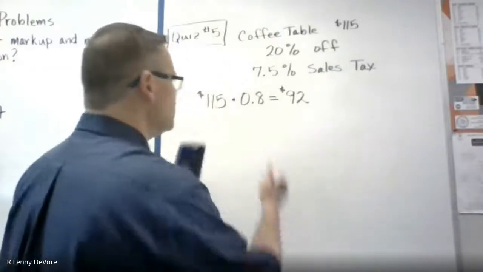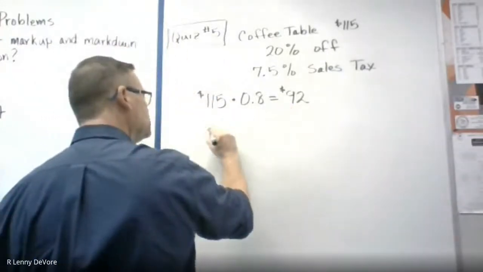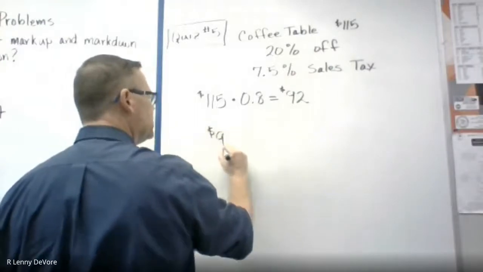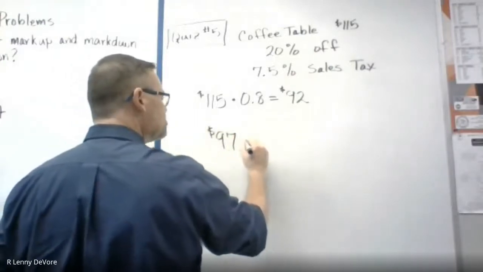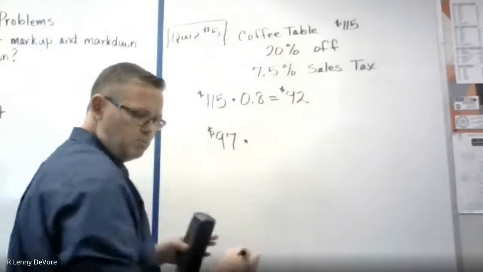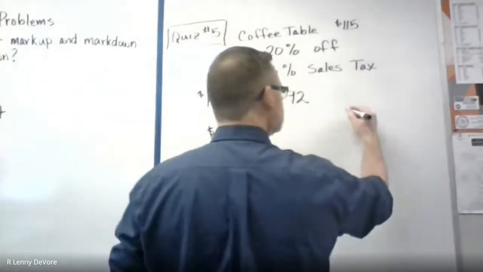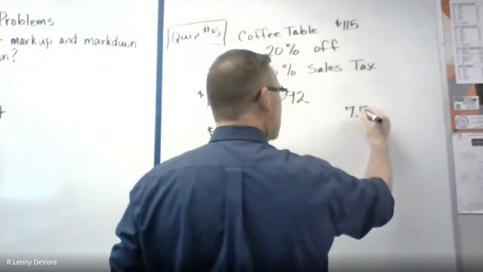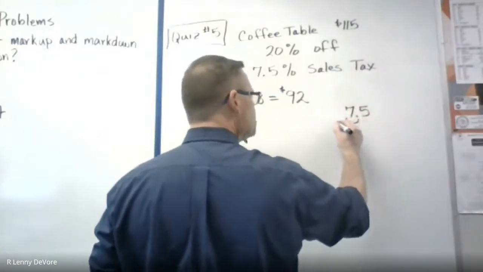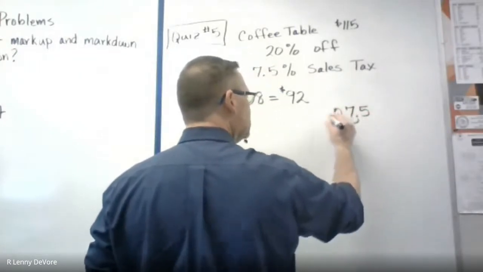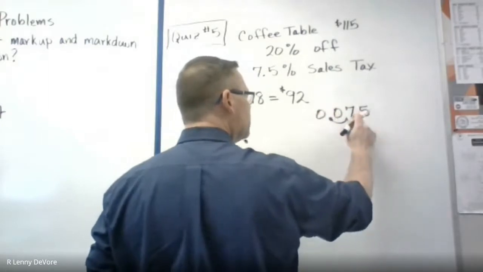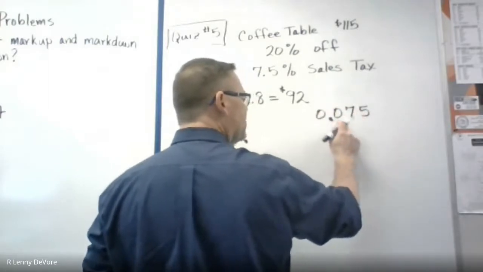Now, what I'm going to do is take that $92 and I need to pay sales tax on it. Now, most people would simply multiply it by the 7.5. The 7.5 as a decimal, bring it over 2 places, divided by 100, is 0.075.